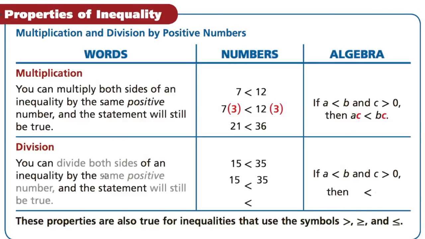Similarly, for division, we can divide both sides by the same positive number, and it will still be a true statement. So if we divide both sides by 5 in this example, then we end up with 3 is less than 7. Algebraically, it would be a divided by c is less than b divided by c. Just keep in mind, those are positive numbers we're multiplying and dividing by.